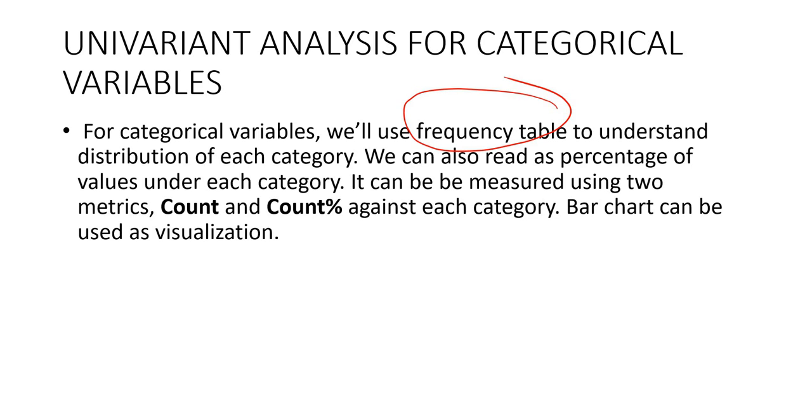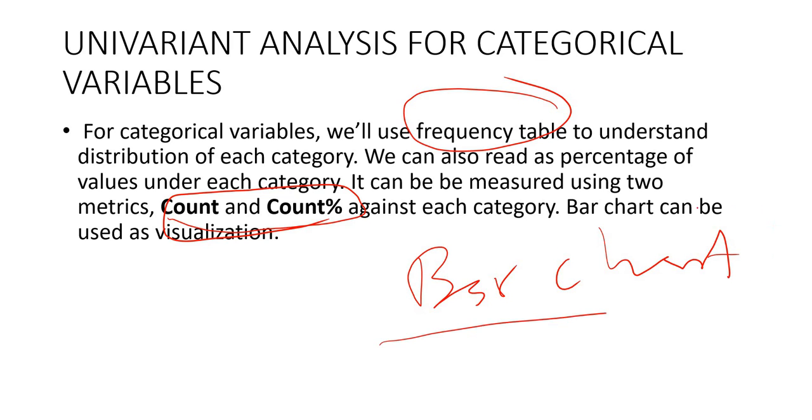To understand the distribution of each category, we can also read the percentage of values under each category. It can be measured using two metrics, count and count percentage, against each category. A bar chart is used for visualization. You have learned this bar chart even in school. So we use this bar chart for visualization of categorical variables.